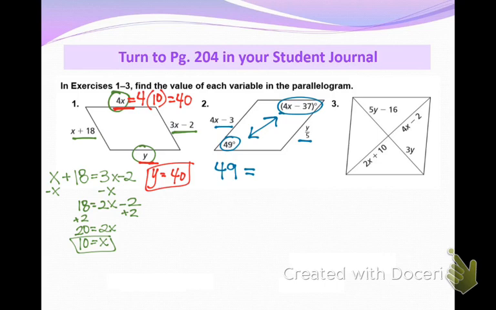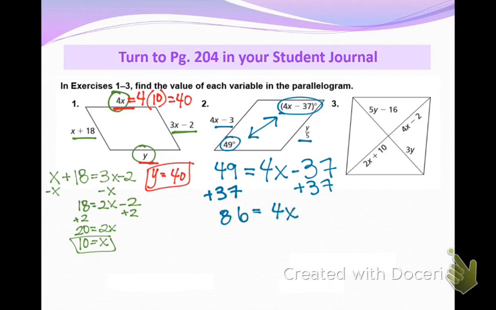So 49 equals 4x minus 37. So we're going to add 37. Yep, so we get 86 equals 4x.